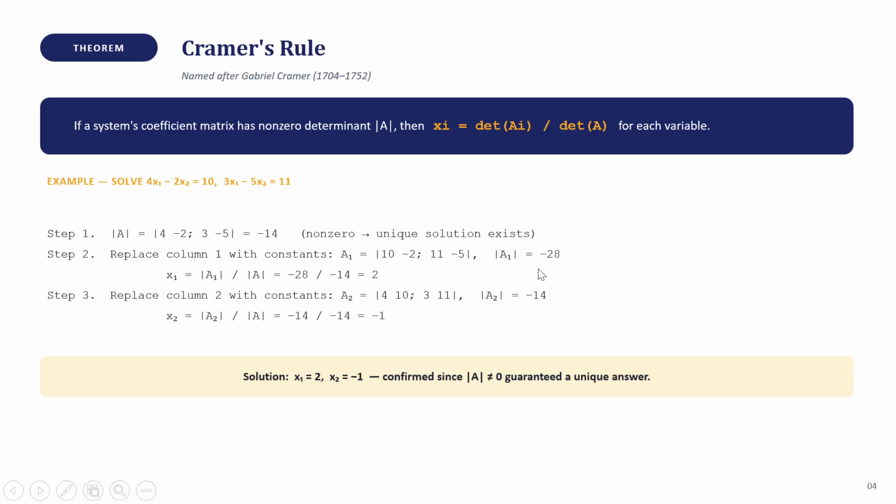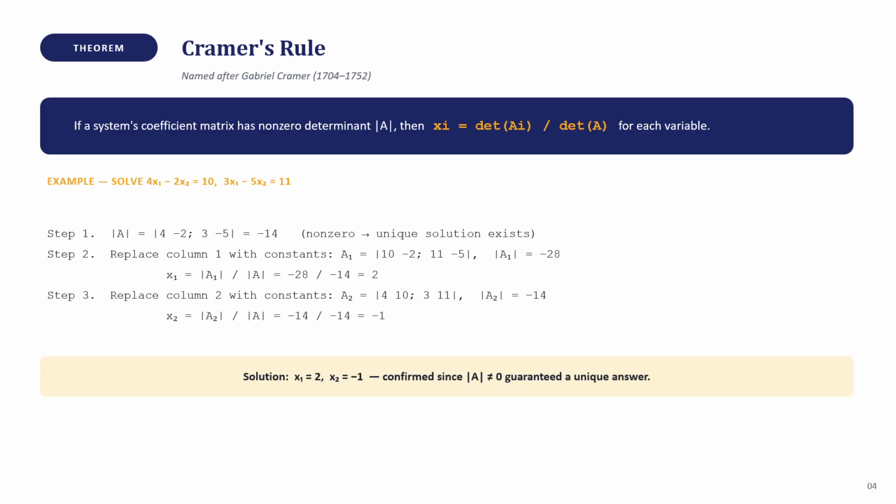A sub 1 is equal to negative 50 plus 22, which gives us negative 28. Then x sub 1 is equal to det A sub 1 over det A, which gives us negative 28 over negative 14, which is 2.